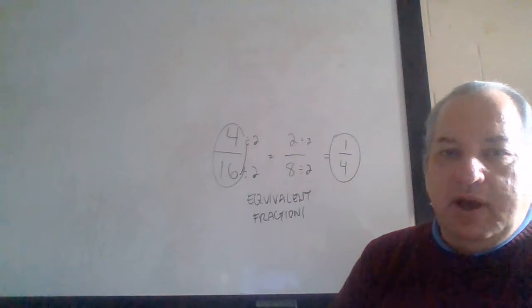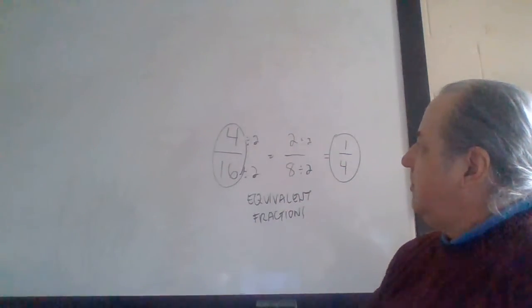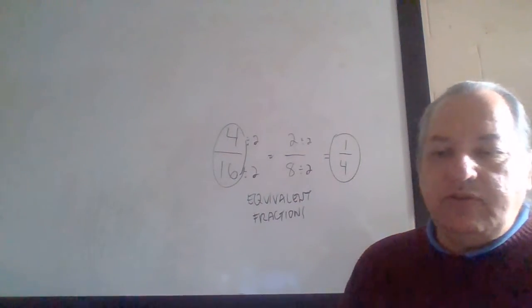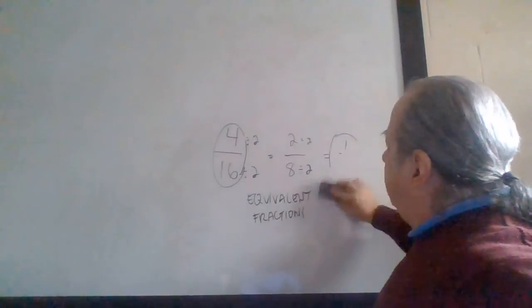They just differ by a factor of multiplying by 2 twice or by 4. So those are equivalent fractions, and that is the whole basis for the kinds of problems you'll be doing for the assignment I'm going to give you.